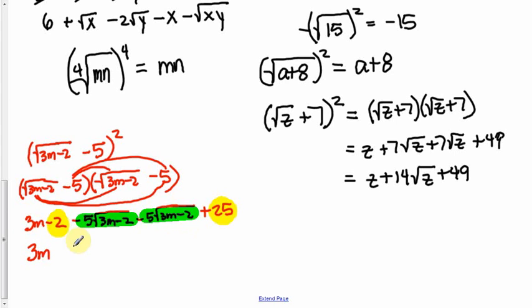Negative 2 plus 25 is positive 23. Negative 5 on the square root of 3m minus 2, and another negative 5 is negative 10 on the square root of 3m minus 2. There's no really good way to write these, so that's fine. I think your program will take it in any order.